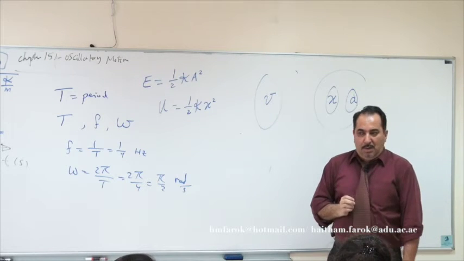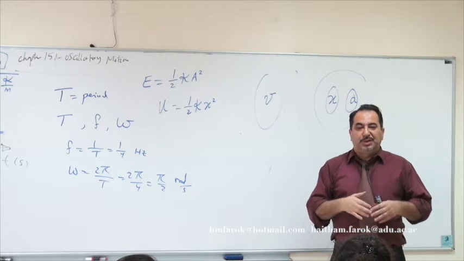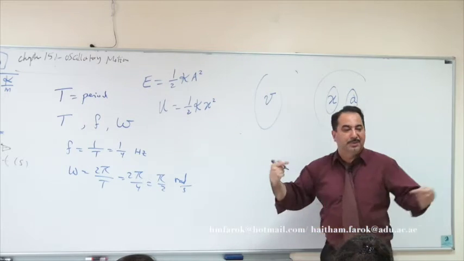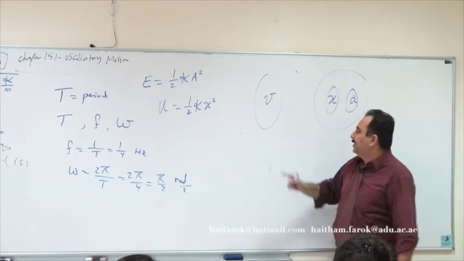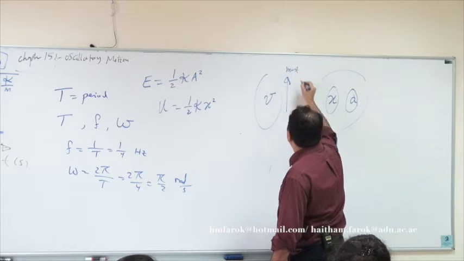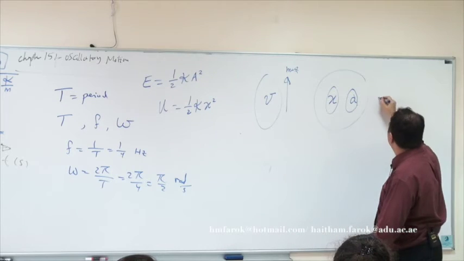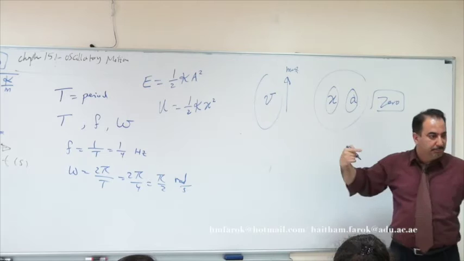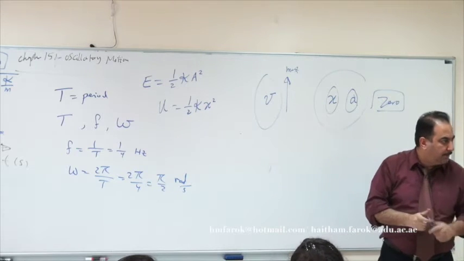Now, in simple harmonic motion, in oscillations, these two work opposite. Which means when velocity is max, these two are 0. All right?